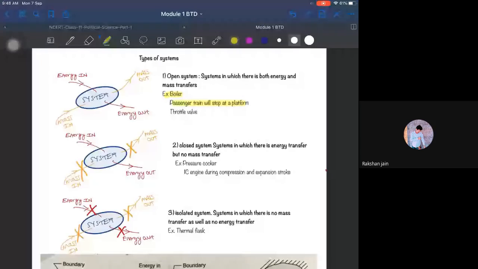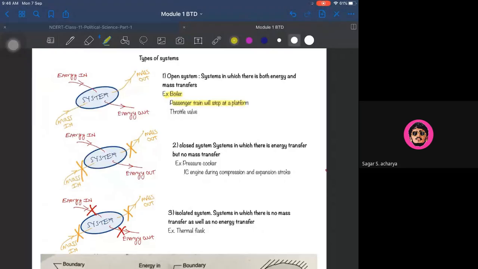According to them, the passengers getting in are considered as masses, and passengers getting out are masses getting out. So according to them, this is an open system. I have seen the scheme of evaluation for that paper, and this was written there. So just have an idea, in case they ask. That is why I have included this example of a train stopping at the platform.